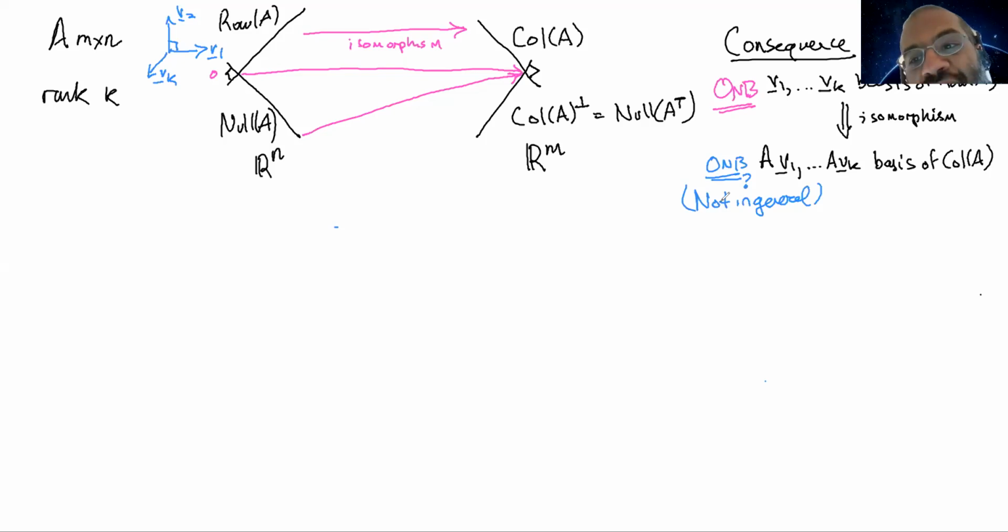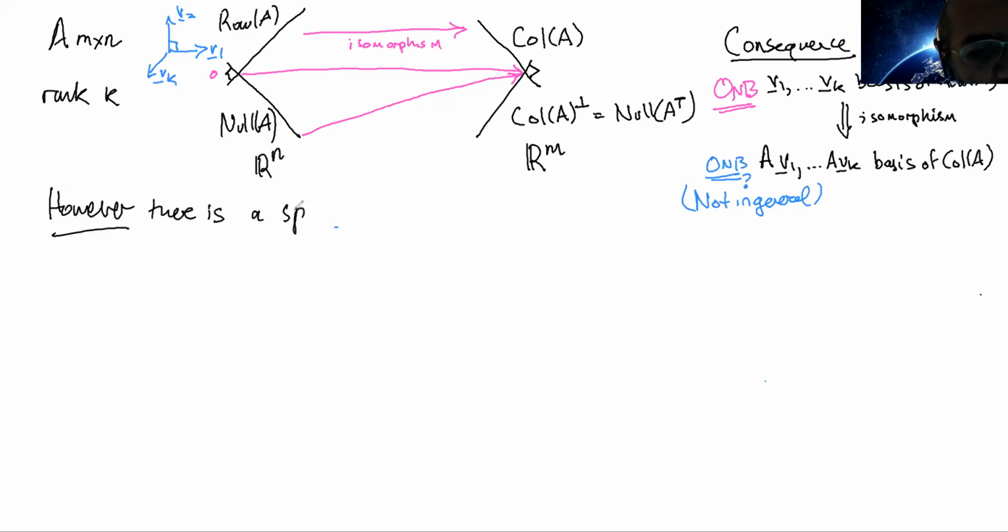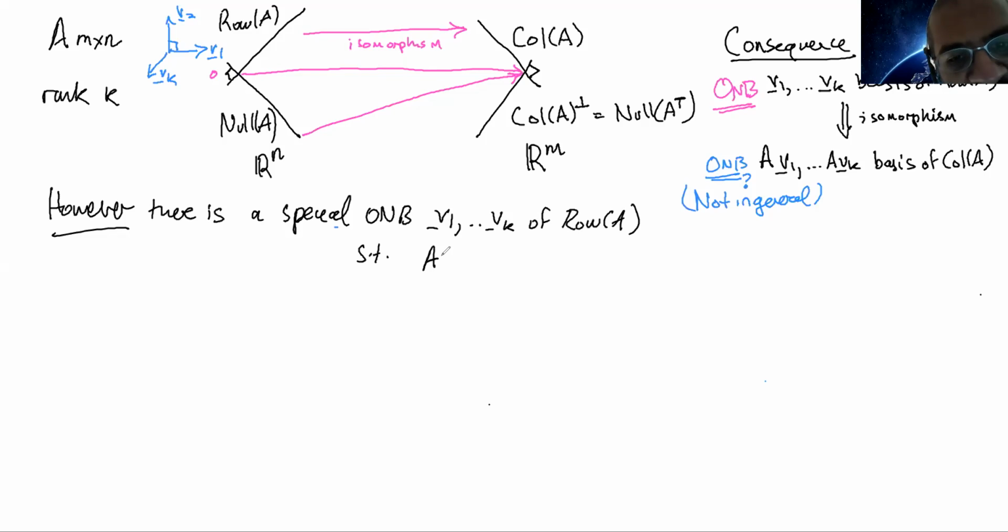What I'm going to show you is that there's actually a special choice of orthonormal basis which does get mapped to an orthonormal basis of the column space. So there is a special orthonormal basis, V1 through VK of the row space, such that the images form an orthogonal basis of the column space.